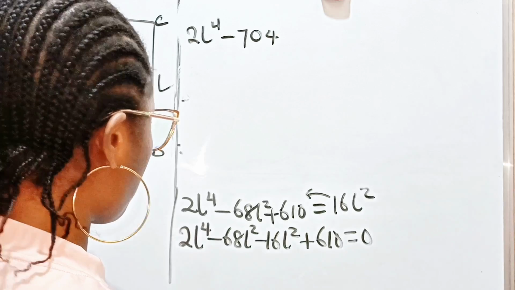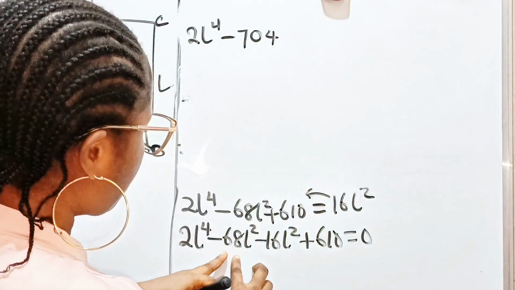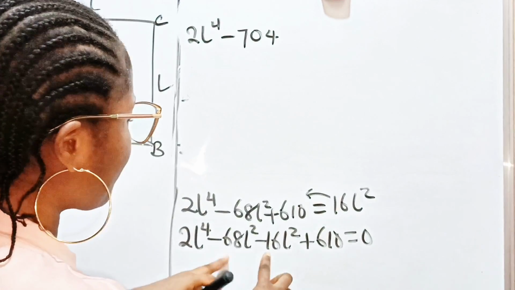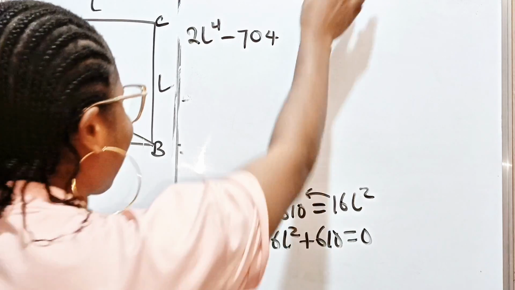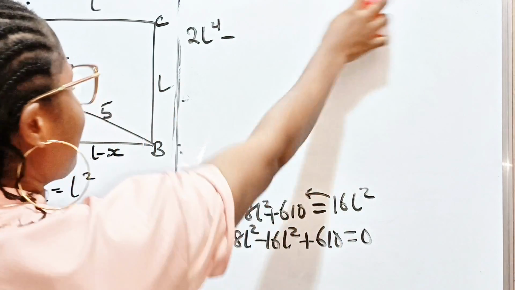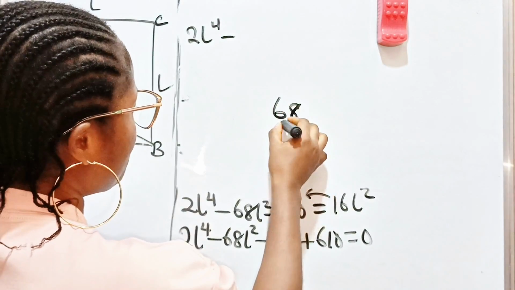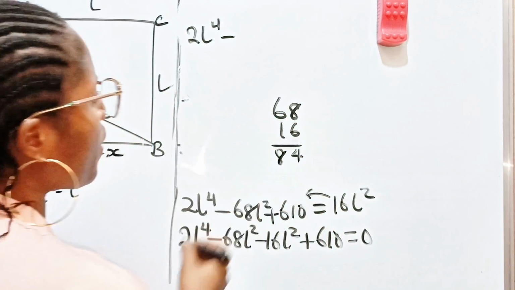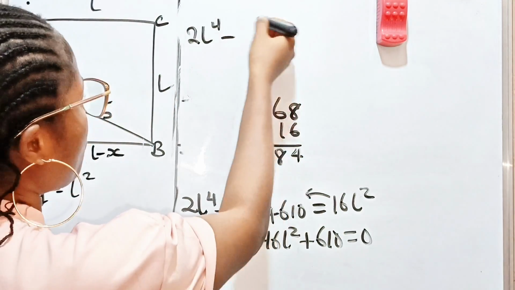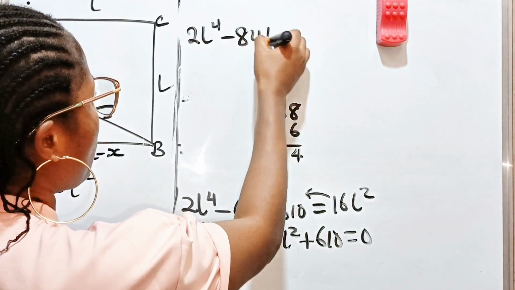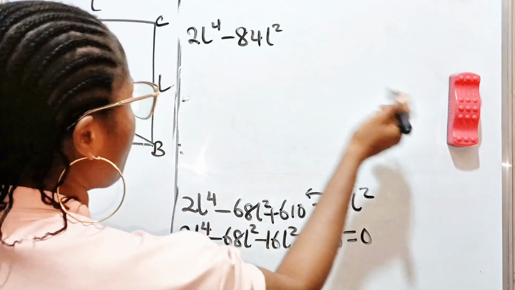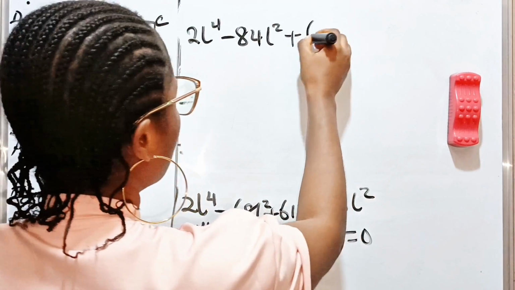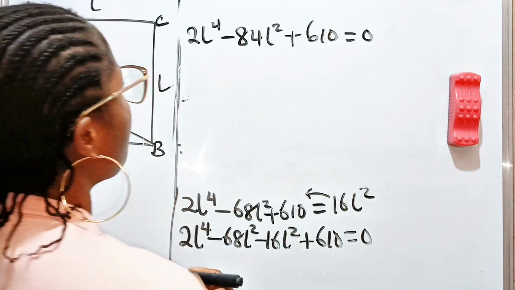This doesn't sound right. Wait, excuse me. 68 plus, I'm sorry. So wait, 68 plus 16. So this is 4 carry 1. So we have 84. Oh God, what was I solving? So I have 84L squared then plus 610 is equal to 0.